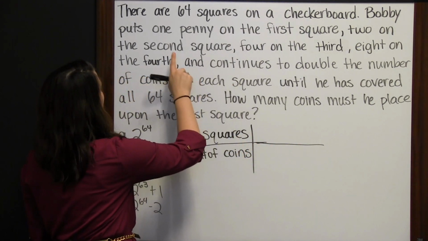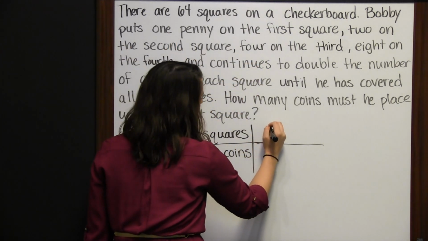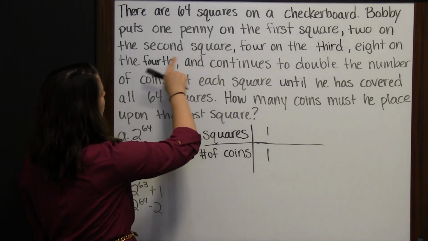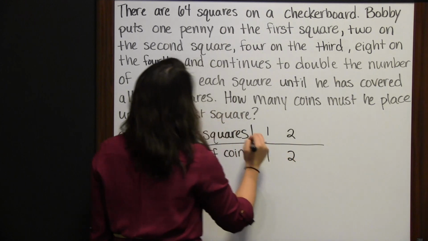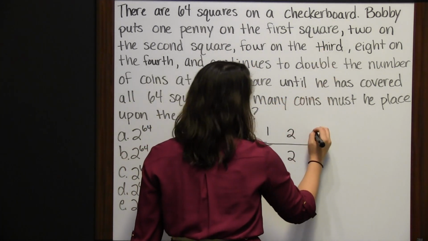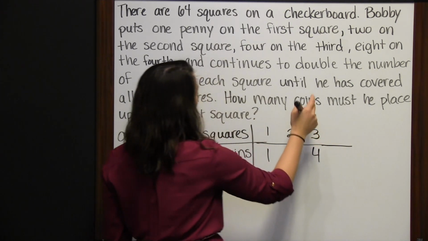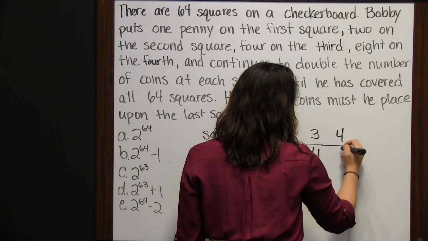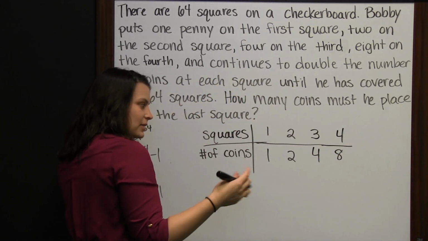So it says he puts 1 penny on the first square. So square 1, 1 penny. 2 on the second square. Second square, 2 pennies. 4 pennies on the third square. So third square, 4 pennies. 8 on the fourth square. So fourth square, 8 pennies. And so on like that. It keeps doubling.